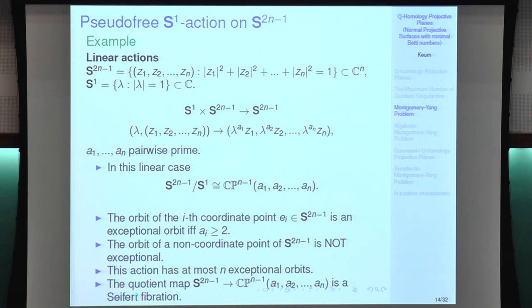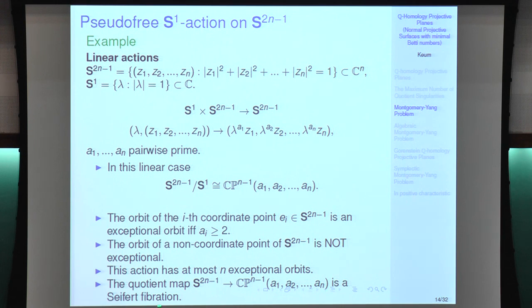Well, it's a remark. The quotient map is a Seifert fibration. So each fiber is a circle, and there are multiple fibers, all coming from these exceptional orbits. And the base is a complex space with singularity.